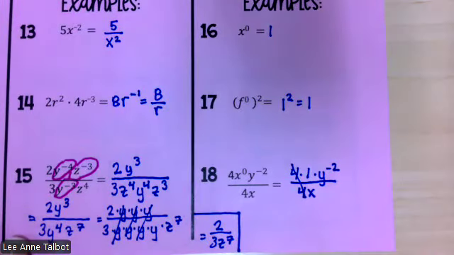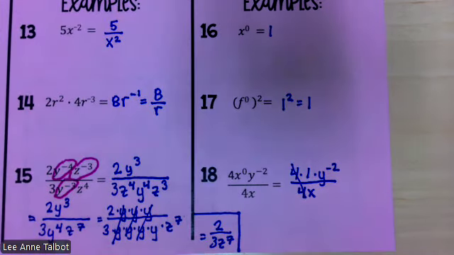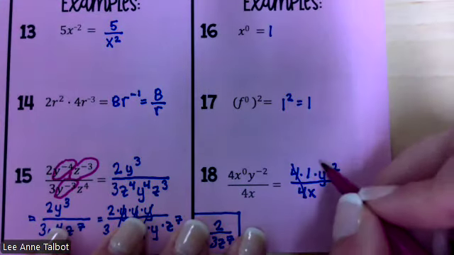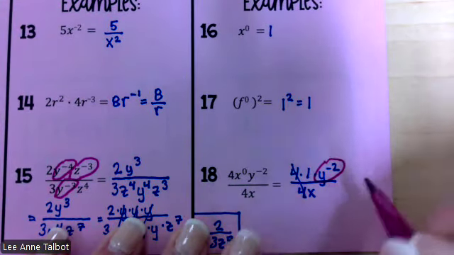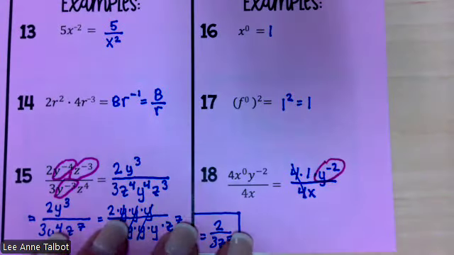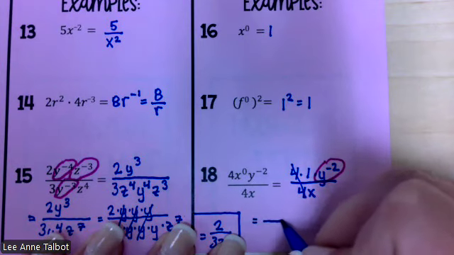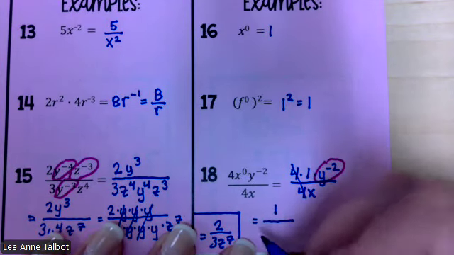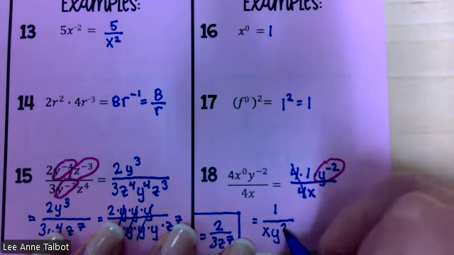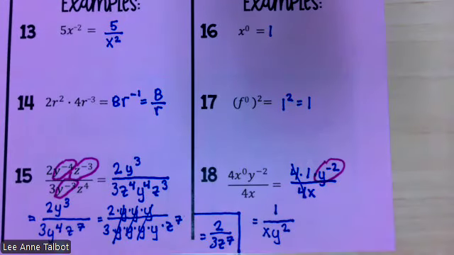Four over 4 is 1. Okay. That guy is negative. What do I do with a negative exponent? Yep. So there's just 1 left on the top and x, y to the positive 2 on the bottom.